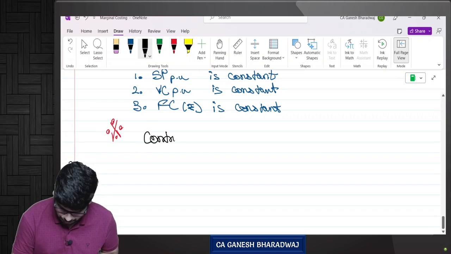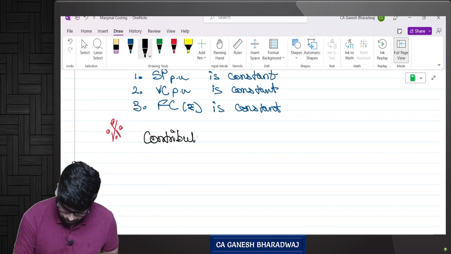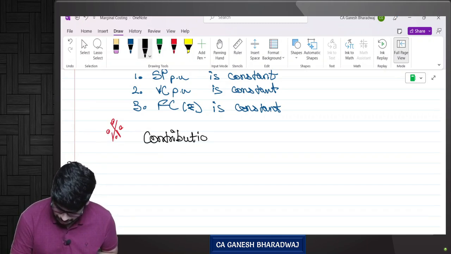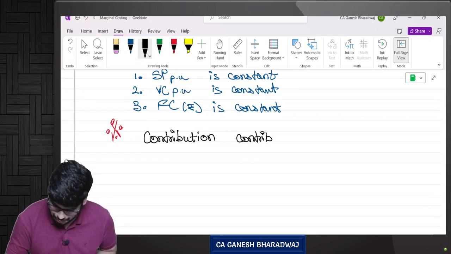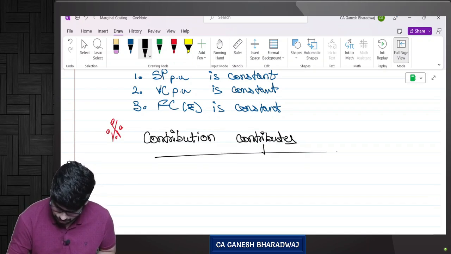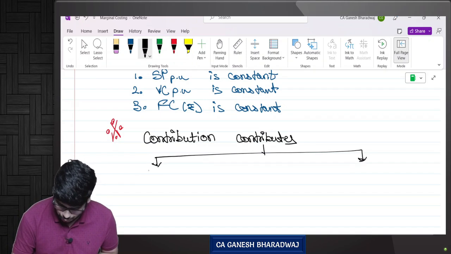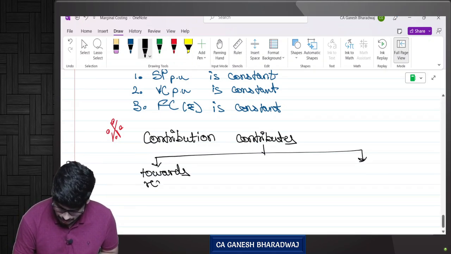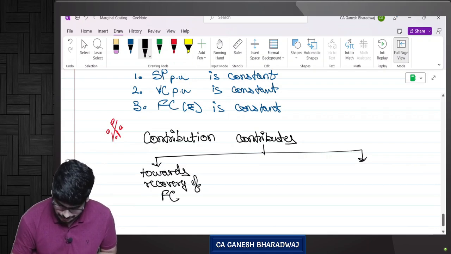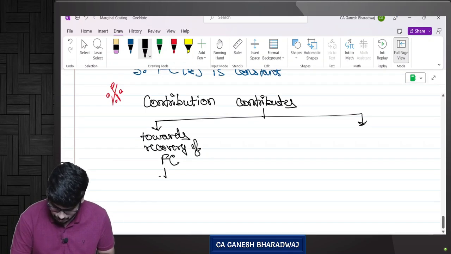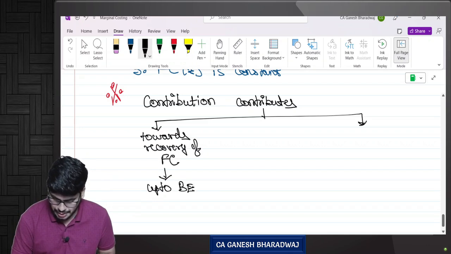Contribution contributes, let me branch it into 2, towards recovery of fixed costs, pulling an arrow up to the break-even point.